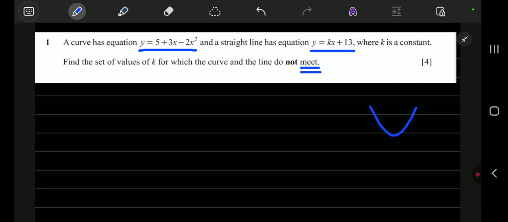So if they do not meet, the line and the curve might be like this. Most precisely, it should be like this.